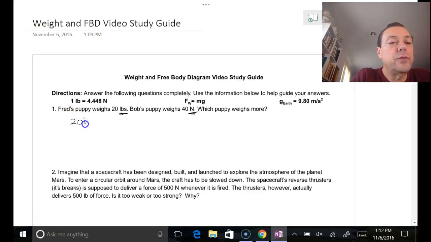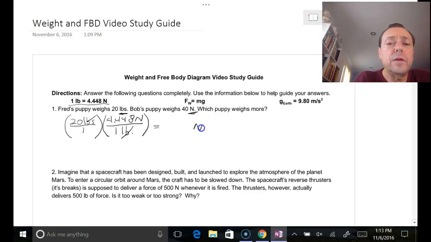So we have 20 pounds, and I know that the conversion is 4.448 newtons per 1 pound. So the pounds divide out. I'm left with an answer in newtons.